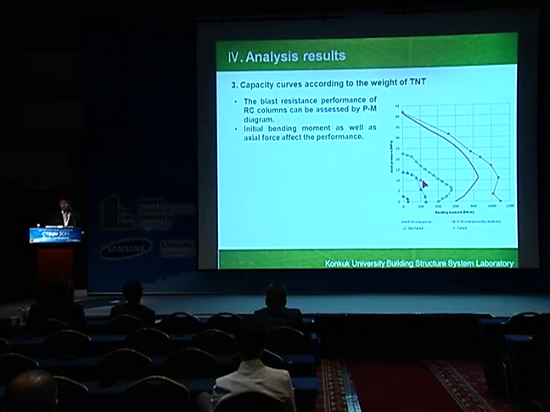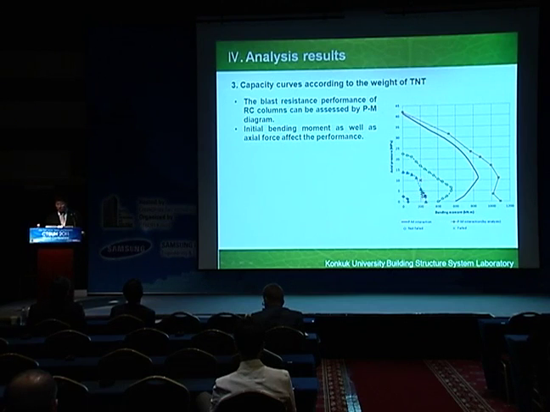So, for example, in this case, a column is subjected to 10 megapascal and 200 kilonewton meter bending moment. If 100 kilogram TNT is applied, then this column would be okay.